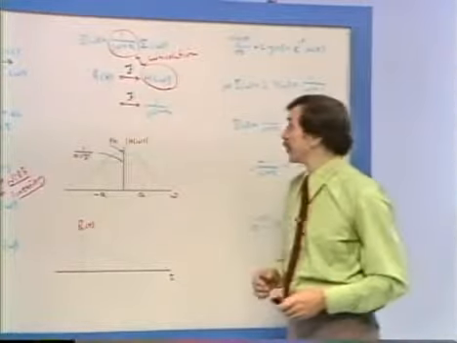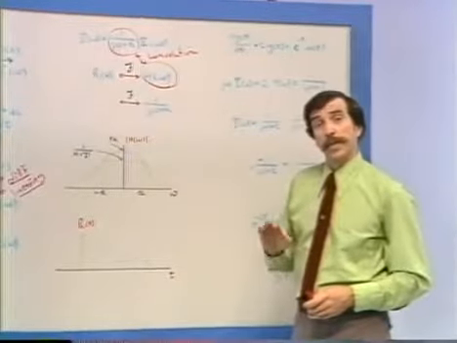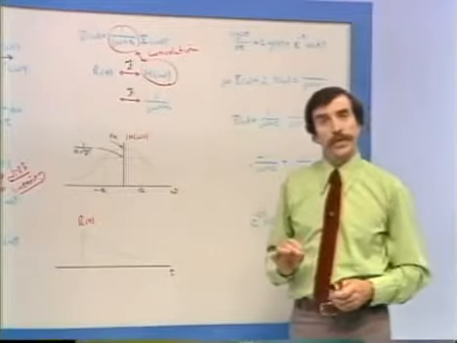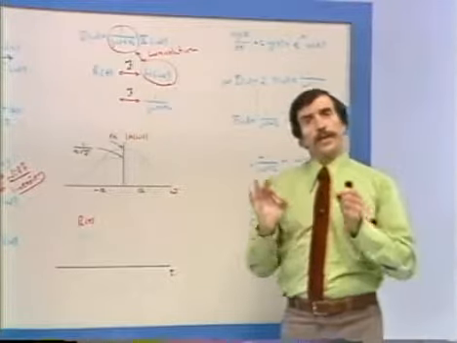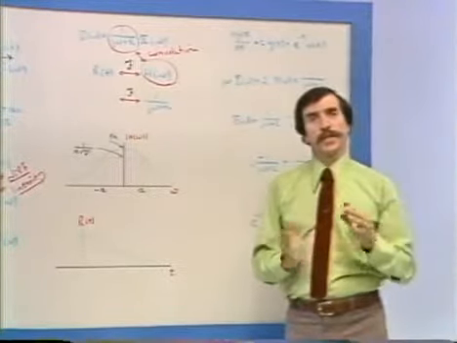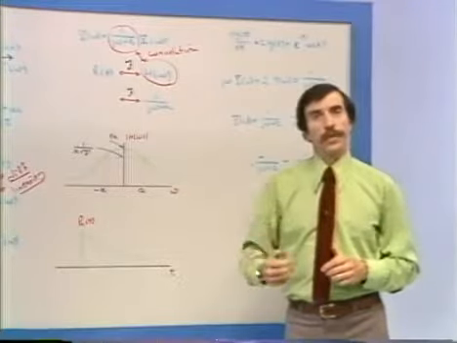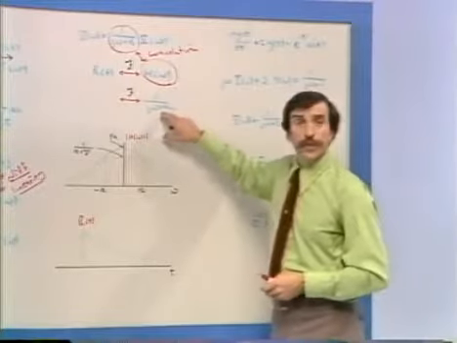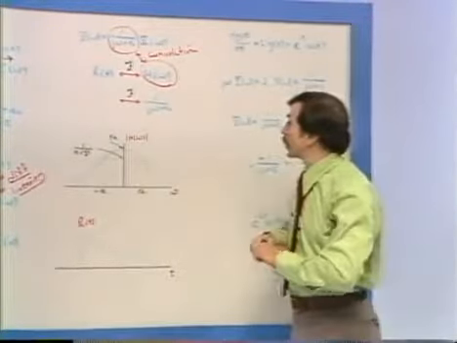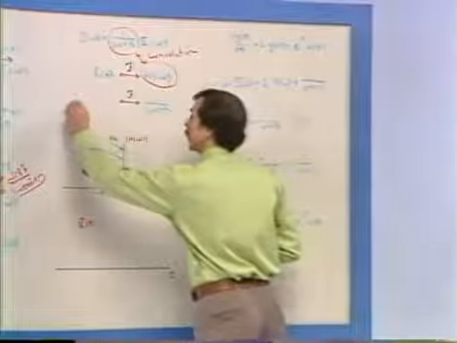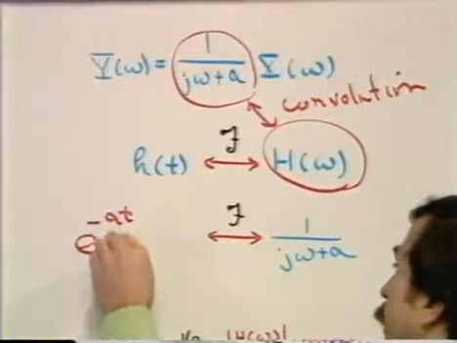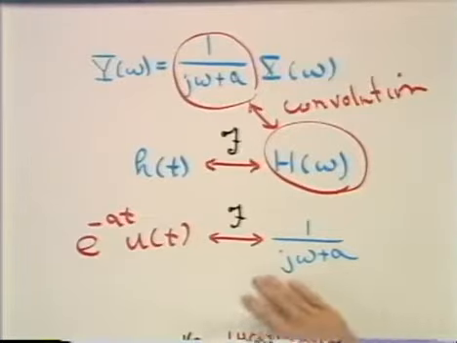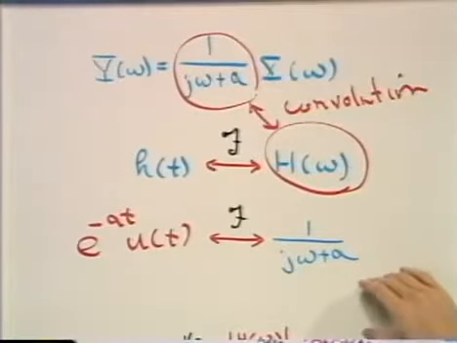So what that says is, remember that we worked an example, and in fact, I showed you the example earlier in the lecture, that the Fourier transform of e to the minus at times a step is 1 over j omega plus a. So what is the inverse Fourier transform of 1 over j omega plus a? Well, it's e to the minus at times a unit step. And that's just simply remembering, in essence, this particular transform pair.